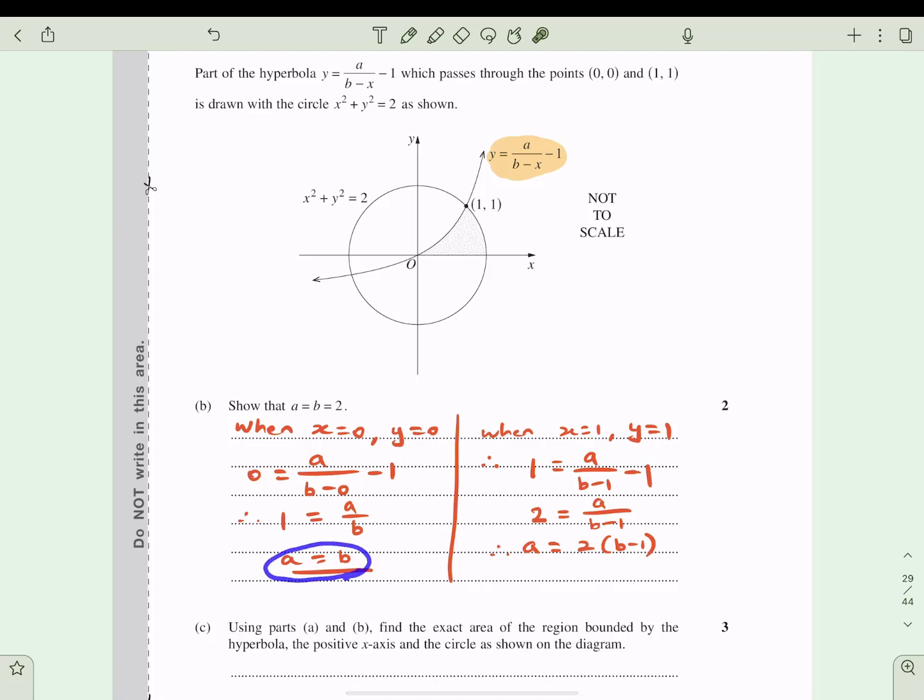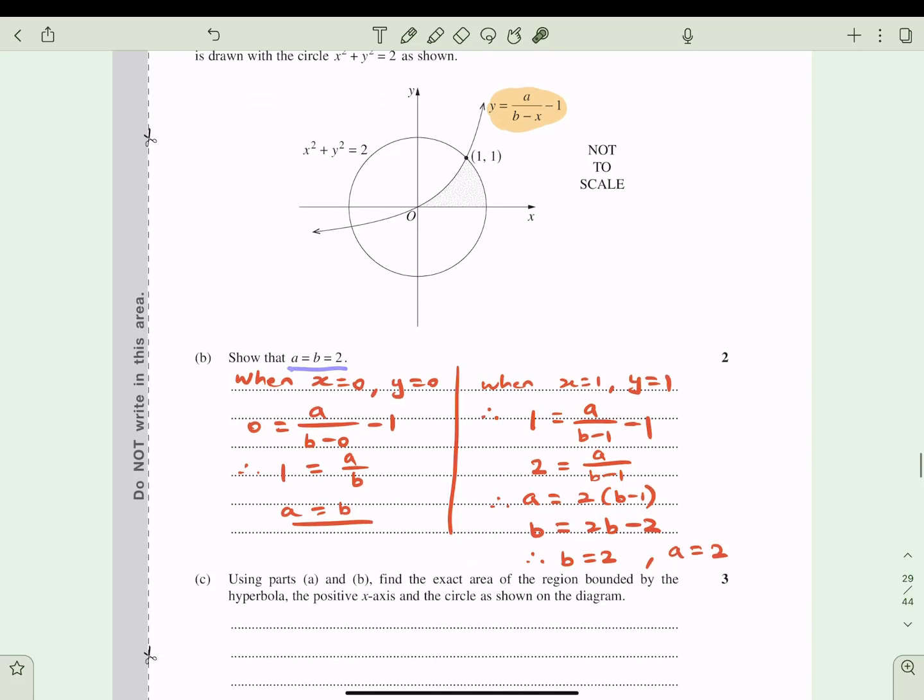Remember how a was equal to b? We can substitute this into this equation. So b is equal to 2b minus 2. If I rearrange it, b is equal to 2. Since a is equal to b, a must also equal 2. And that's my answer. Therefore we have shown that a equals b equals 2.